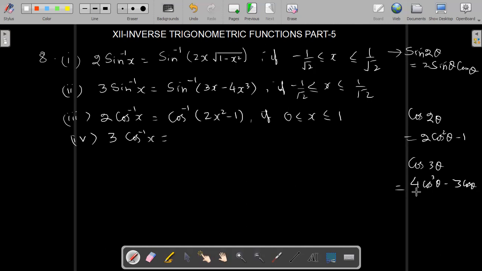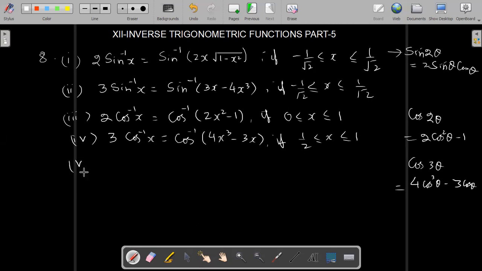So 4x cube minus 3x. So it will be cos inverse of 4x cube minus 3x, if x is greater than or equal to 1 by 2 and less than or equal to 1.